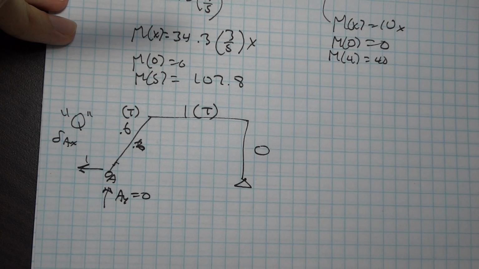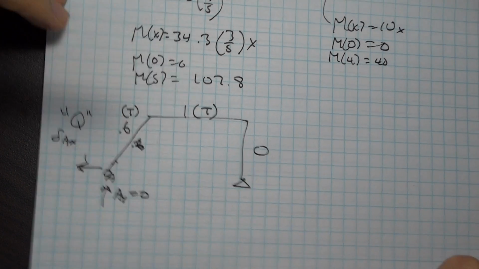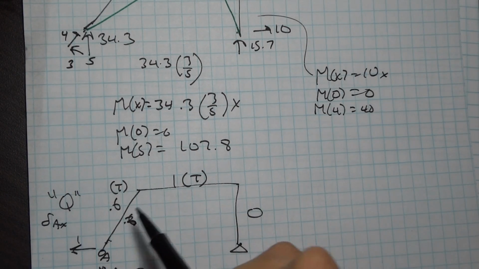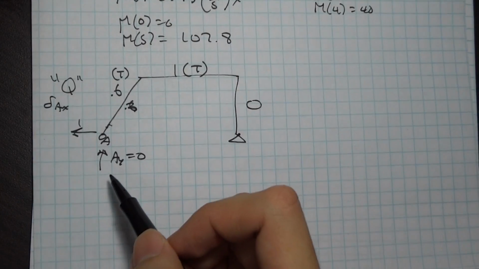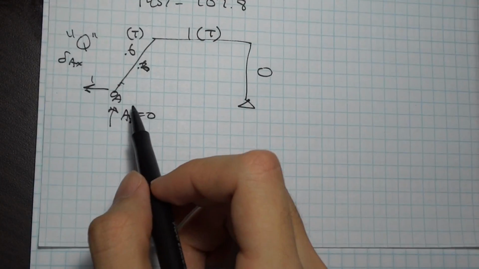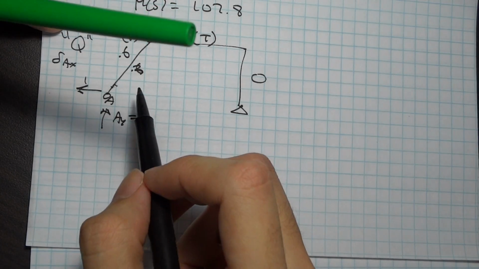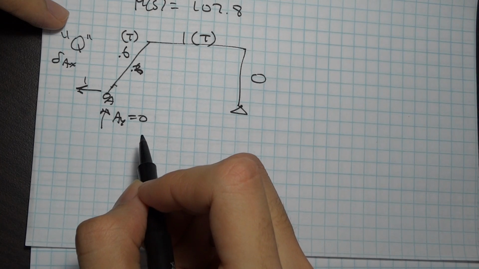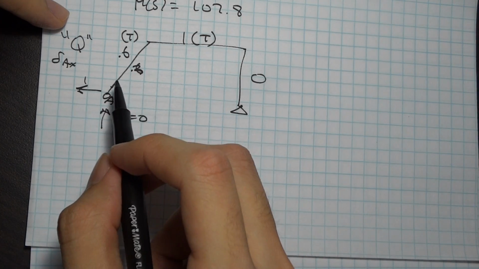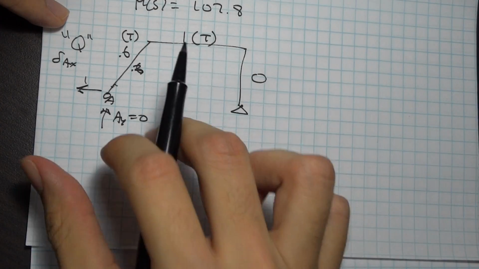I'll tell you that AY is 0, but it might be very odd to you that you can have an axial force in here and a zero reaction in this direction, right? Because 0.6 times cosine of 38 point something degrees is definitely not going to equal 1, and then cosine of something or sine of something should be equal to 0. There's nothing there that would make sense.